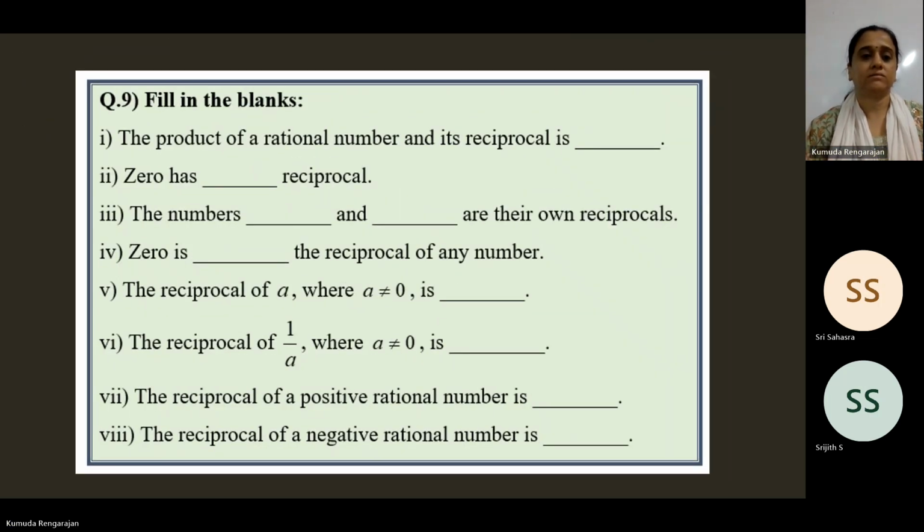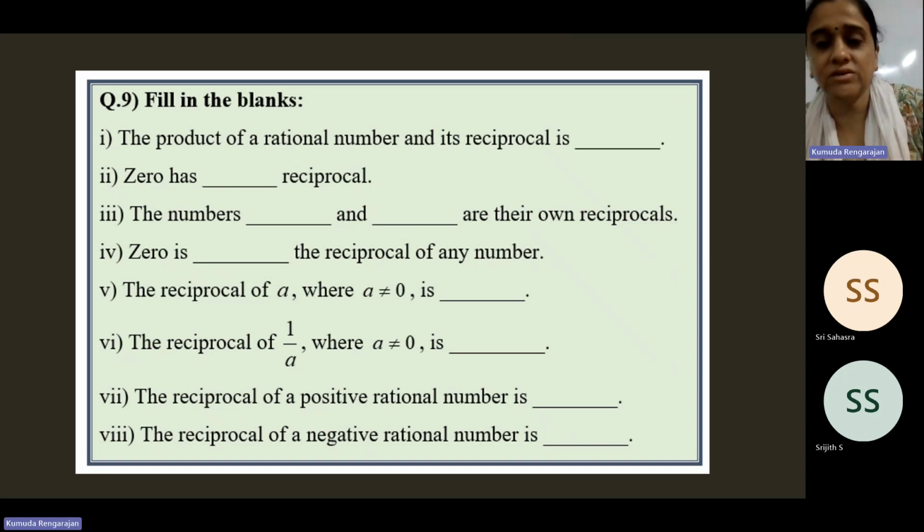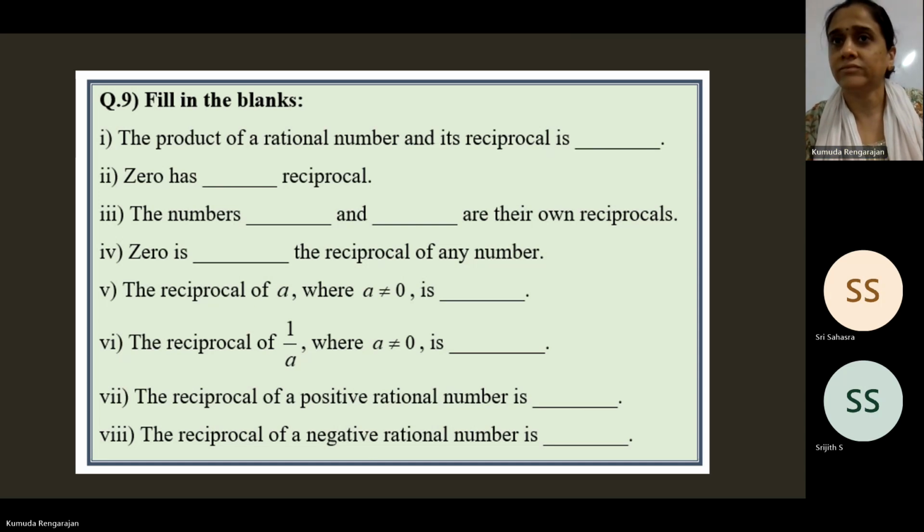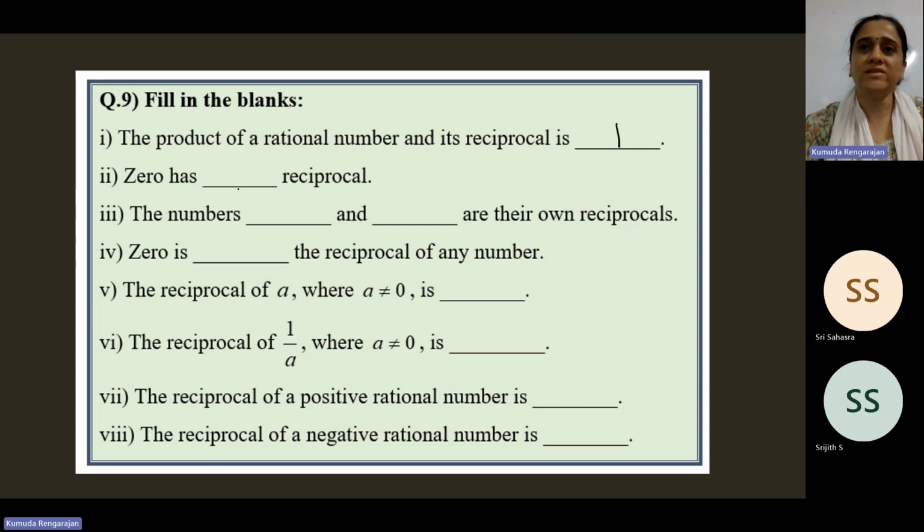We'll quickly discuss this and wind up the session for today. So this is what I had shared on WhatsApp. The product of a rational number and its reciprocal is? 0 has no reciprocal.